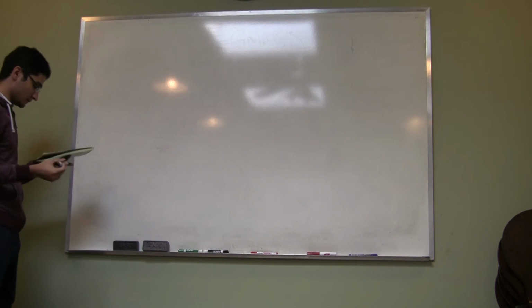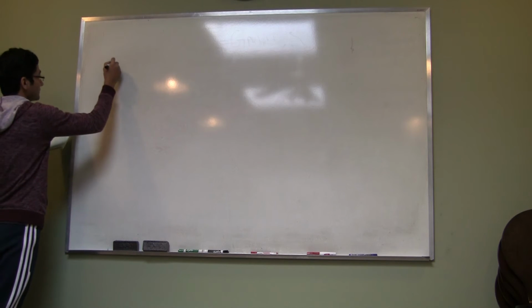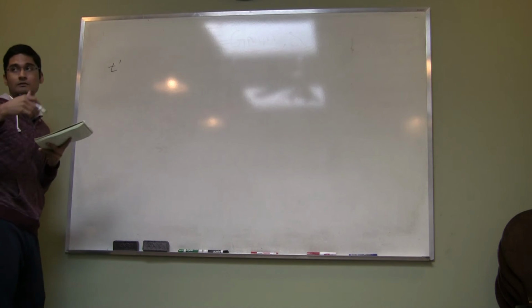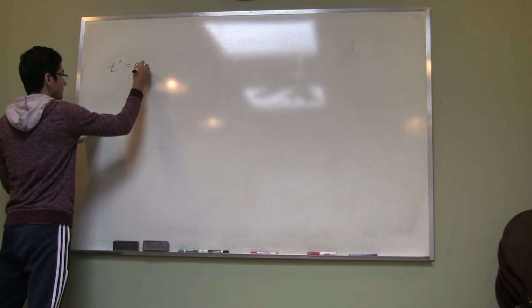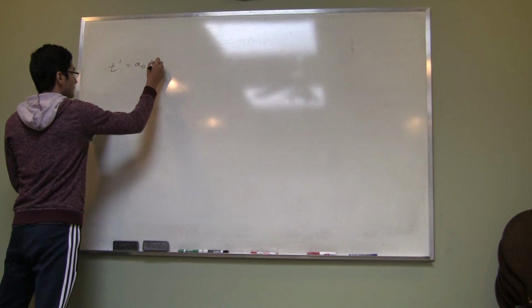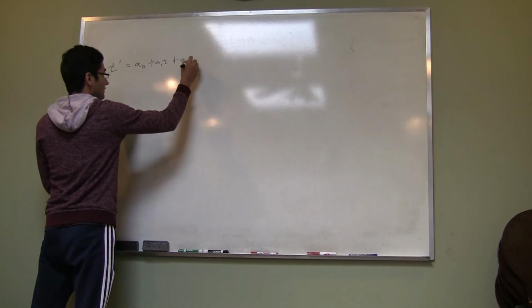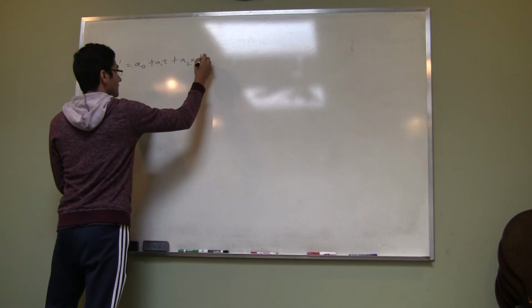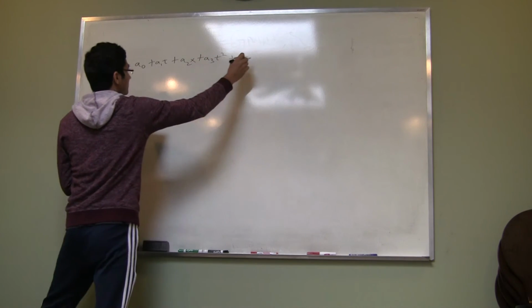I'll just give a gist. You can say that t prime, in the primed frame of reference, equals a0 plus a1 t plus a2 x plus a3 t square, and so on, like a Taylor series.